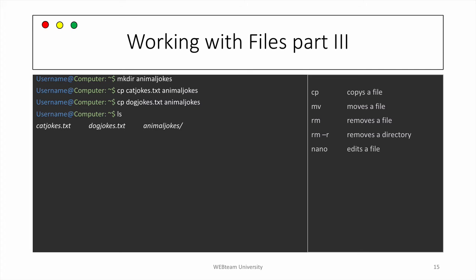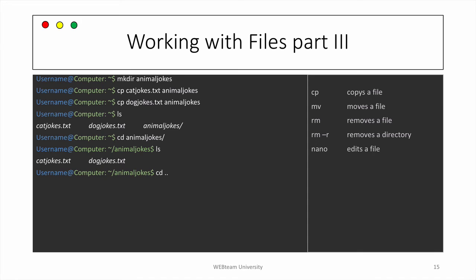Now we ls, and we'll see we have 3 items. We have cat jokes, we have dog jokes, we have the directory that we created, animal jokes. So let's navigate inside animal jokes, list the contents, and we'll see that we have both cat jokes and dog jokes. They've both been successfully copied to that directory.